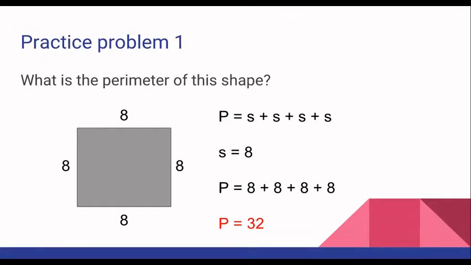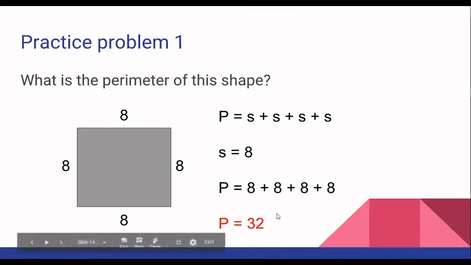So here's an example of a perimeter practice problem. You're going to start off by putting practice problem at the top for the title, which number it is, and then you're going to say what is the perimeter of this shape. You're going to put a shape, any shape of your choice, choose some dimensions for the shape, and then on the right of that shape, you're going to do step by step how to solve it.